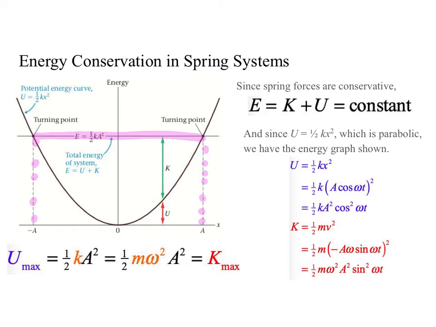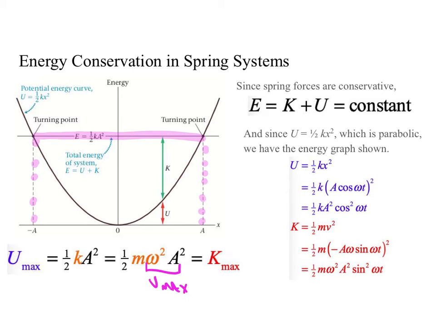Of course, the maximum kinetic energy would therefore also be a half k A squared, but of course k is m omega squared, and so m omega squared A squared is going to be v max squared, a half m v max squared, because these are v max. So we're getting a lot of relations that kind of trip into each other.